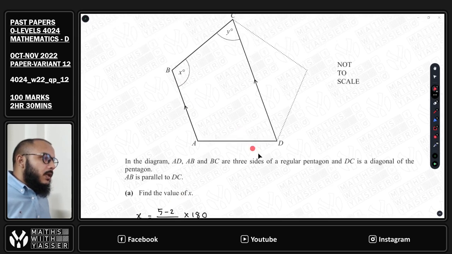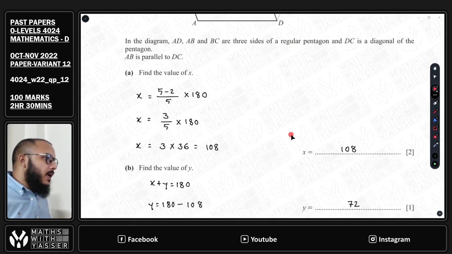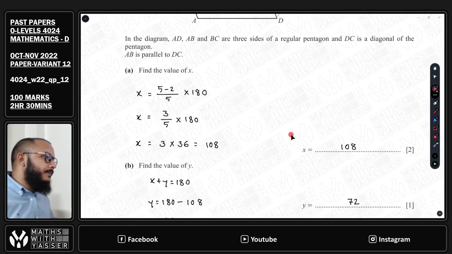So before we do this, we need to take help of the pentagon first. And since they have stated it's a regular pentagon, that means not only that all the sides will be equal, but at the same time, each interior angle of the pentagon will also be equal. So over here, I'm using the formula n minus 2 over n times 180.